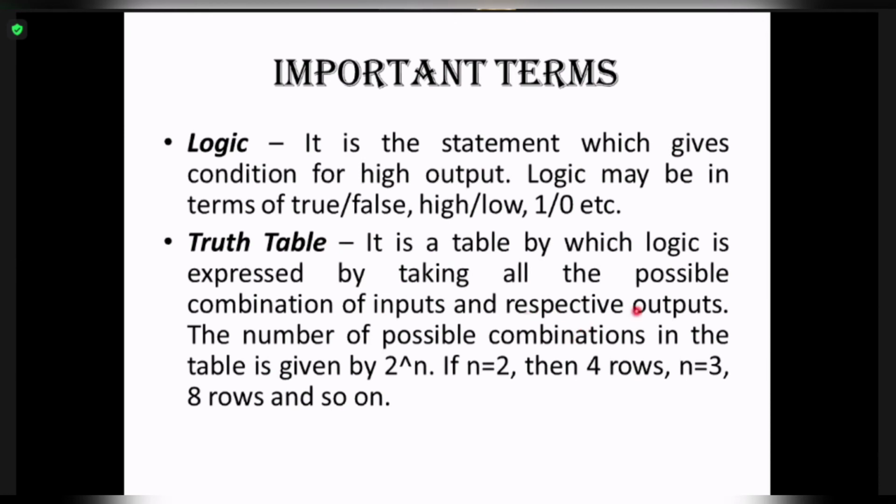Understood? So only one output column will be there, and the input columns can be many. It can be 2, 3, 4, or 10. It can be 20, 25, or even 100. The number of inputs can be any, but the output will only be one.